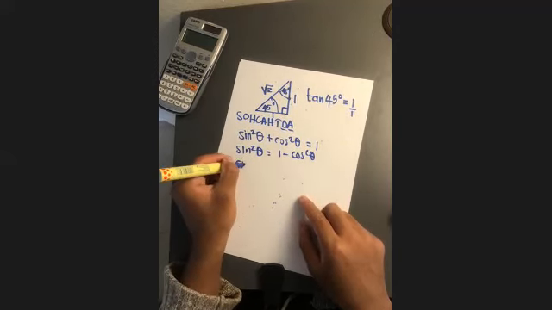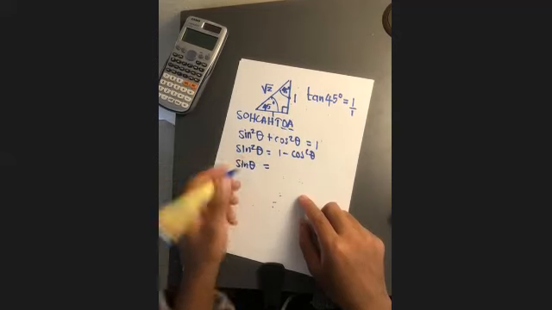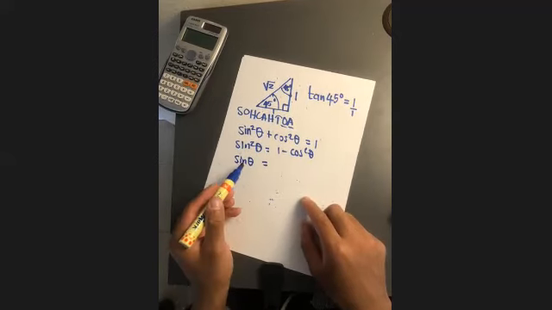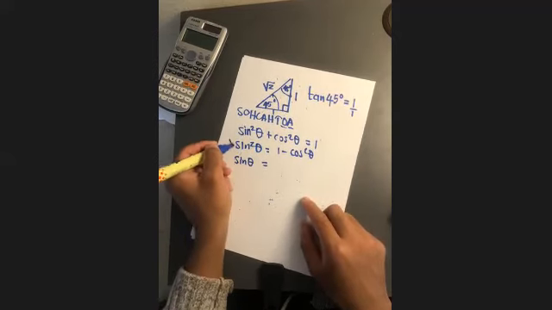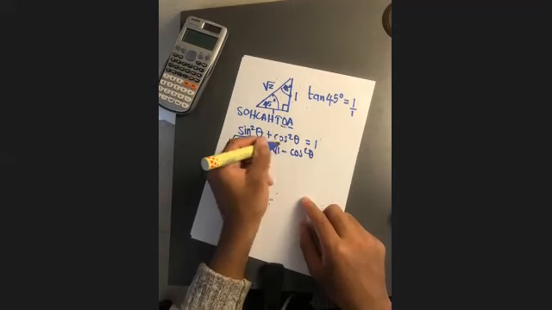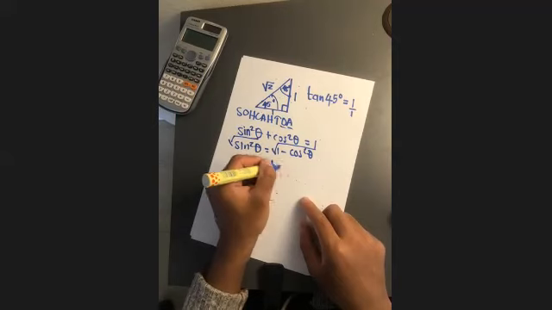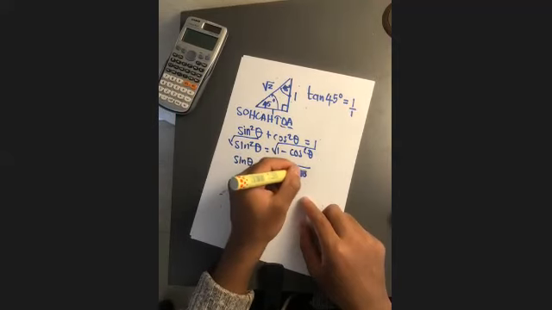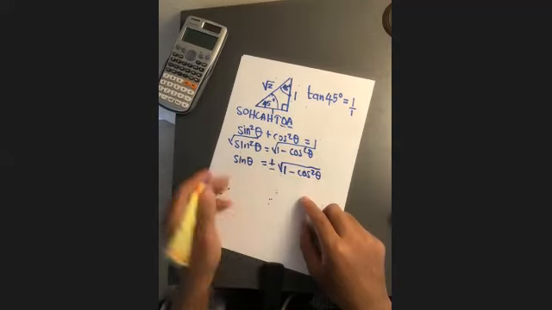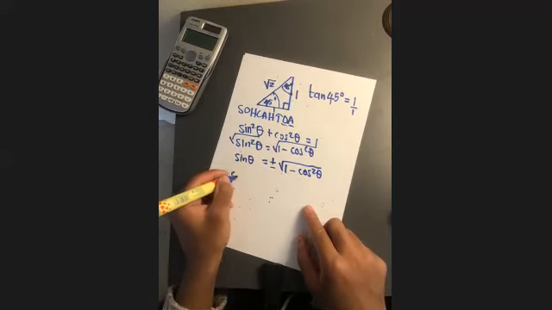If we take the square root on both sides, the sine of theta is going to be plus or minus the square root of 1 minus cosine squared theta. The same applies with cos.